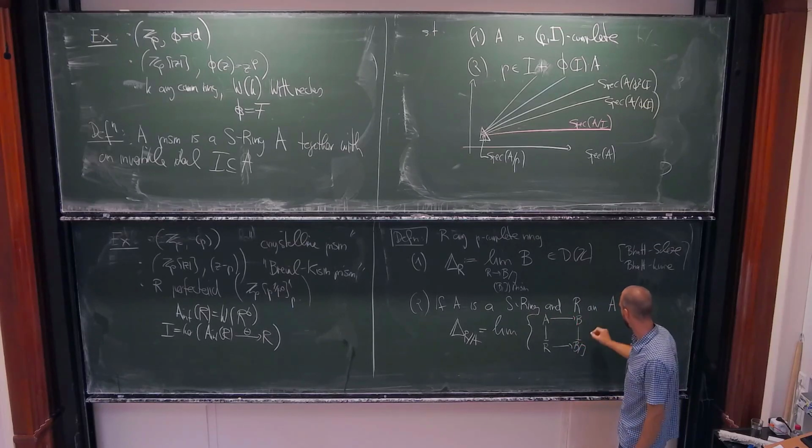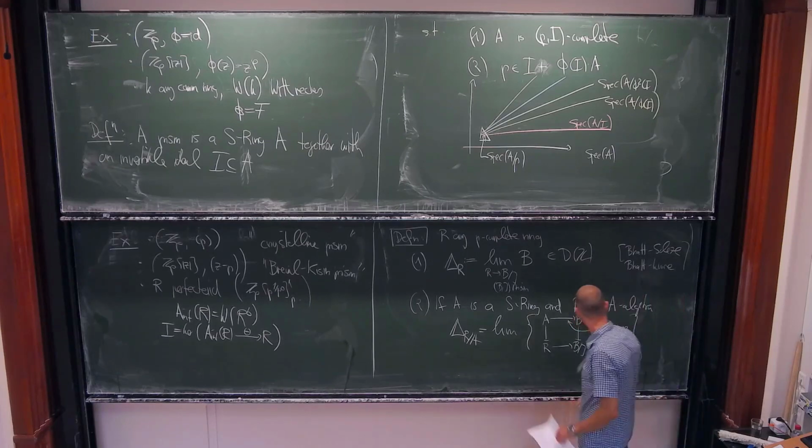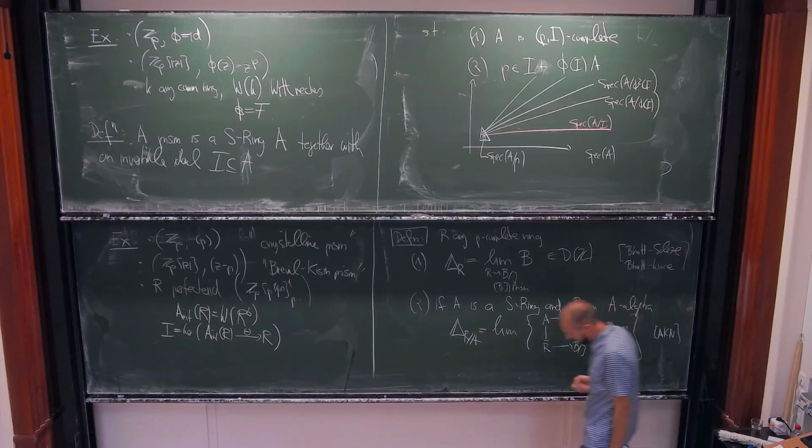That's supposed to be a map of delta rings. I guess that's the definition, which is due to us in this generality.